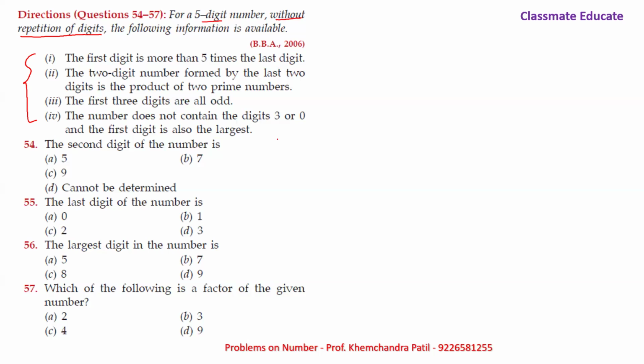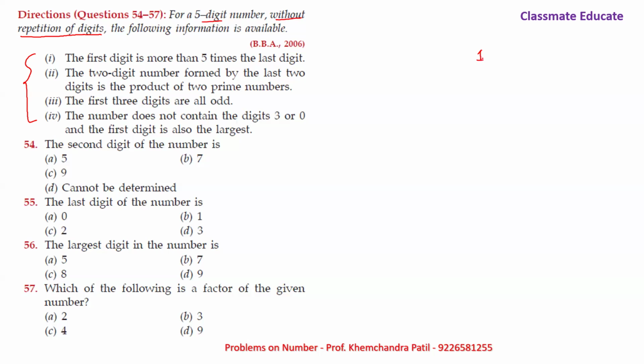Okay, let us do. See, the first digit is more than five times the last digit. What can it be? Last digit must be one. One only should be there.